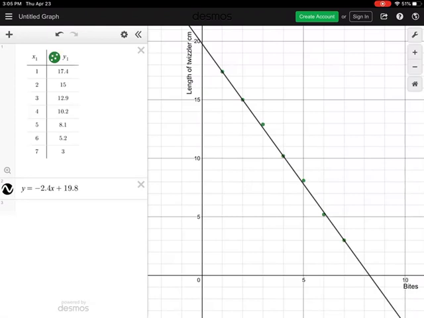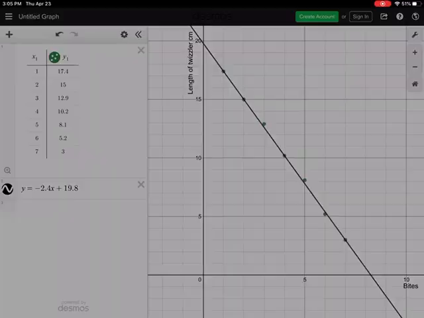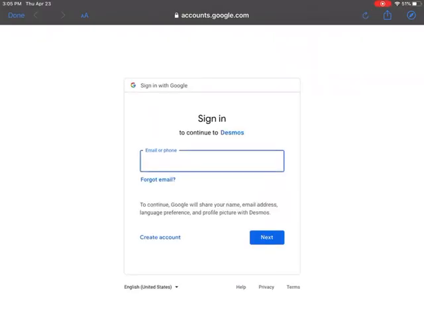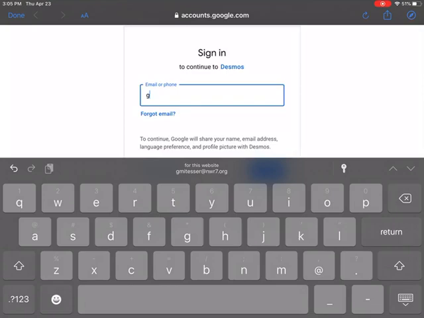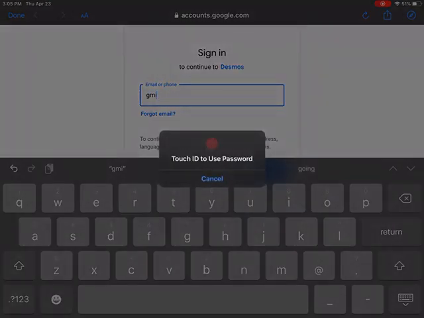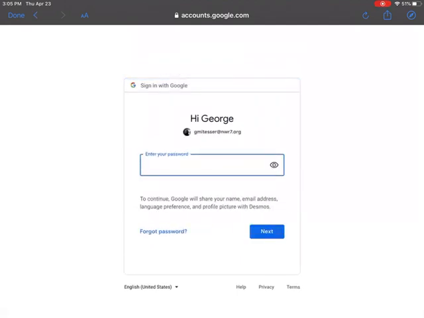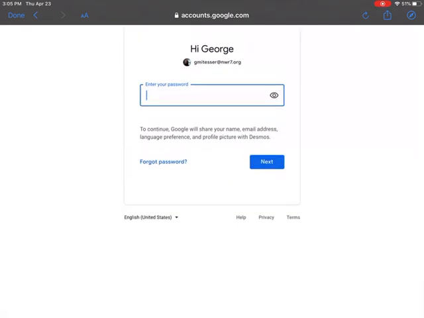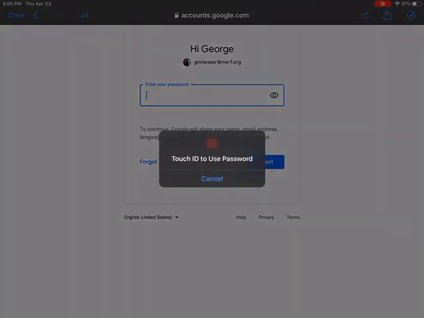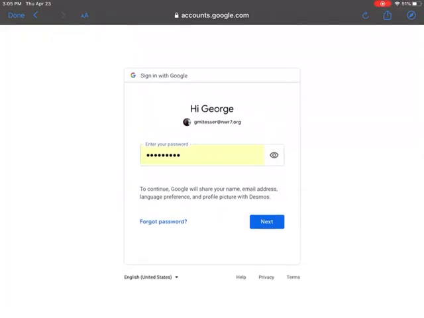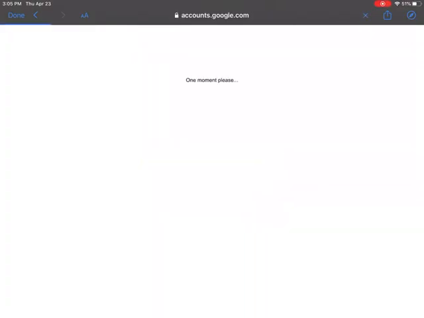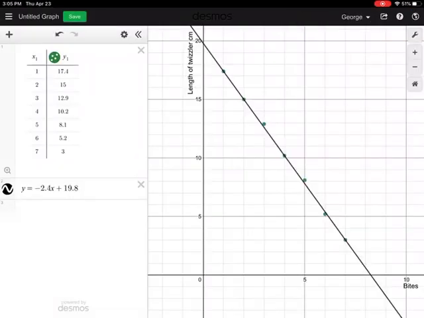Now let's look at how to save this while we're here. So you're going to have to hit sign in or create account, either one. You can sign in with Google and use your school email. Didn't like that. There we go.